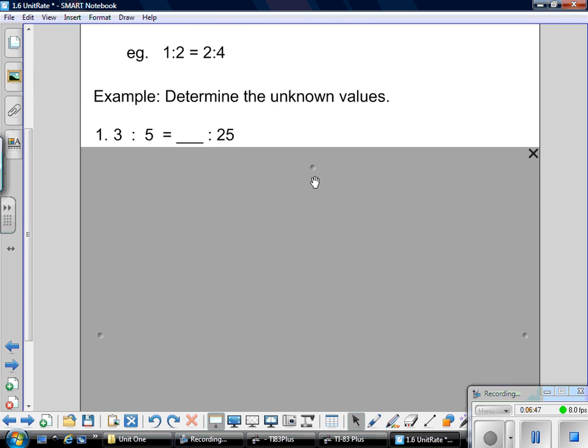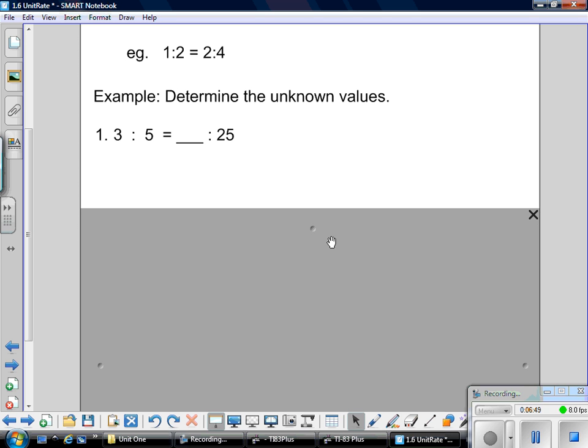Okay, so determine the unknown values. So what I have here is a proportion because I have two ratios, even though I'm missing some information, that are equal to each other. So what I'm after here is I want to find this unknown value. So it's very similar to what we were doing before. I mean, I could do it in fractional form.